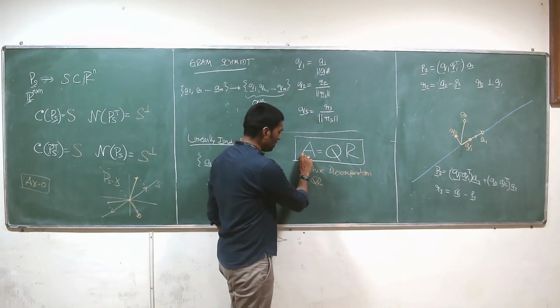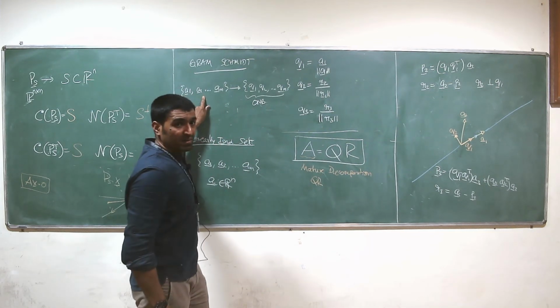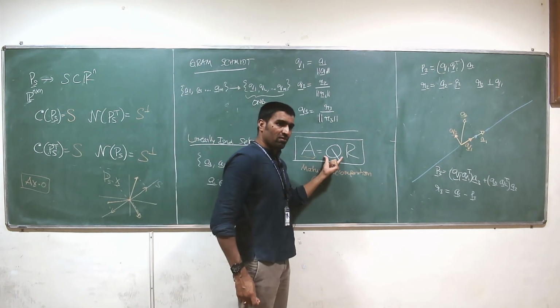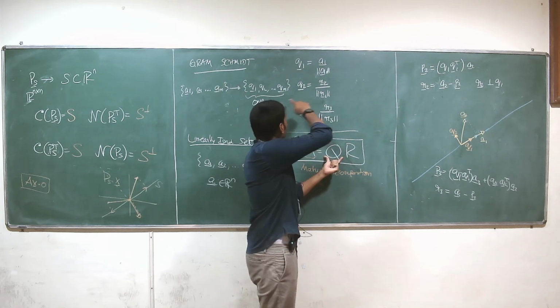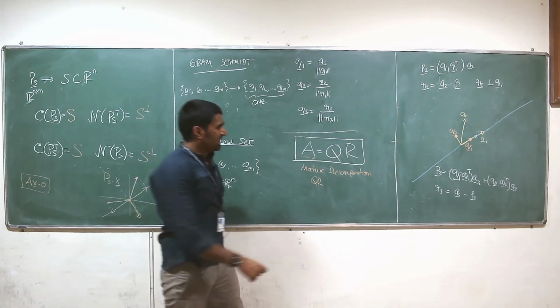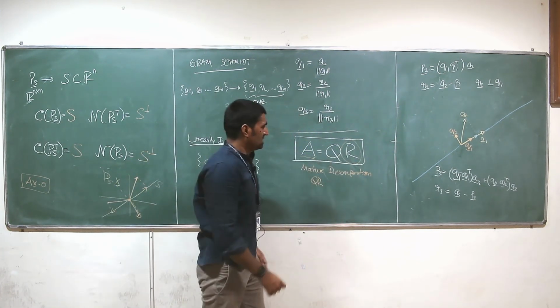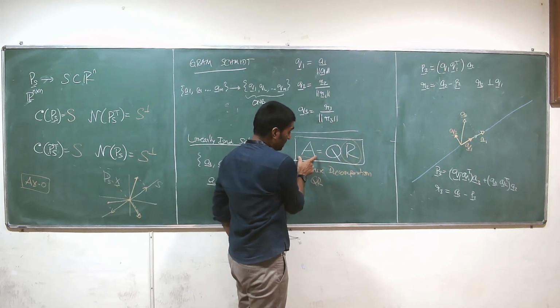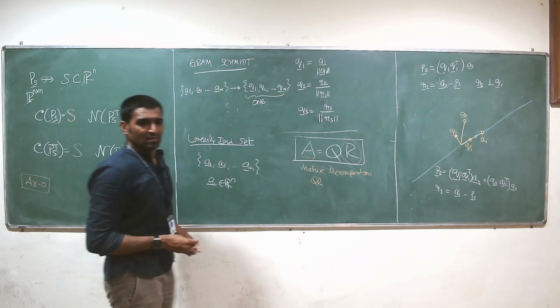The columns of A are the basis vectors that you started with, which was not an orthonormal basis. Q will contain the orthonormal basis Q1 to Qm, and R is just a matrix that you use to derive the original basis from your orthonormal basis.